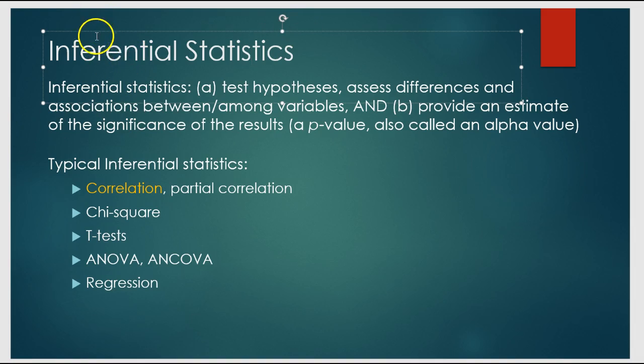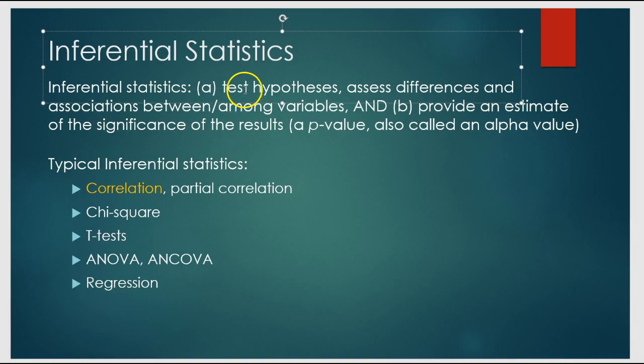So I'd like to start with this idea of what inferential statistics are. With inferential statistics, you want to examine something in terms of how the variables interact with other variables.